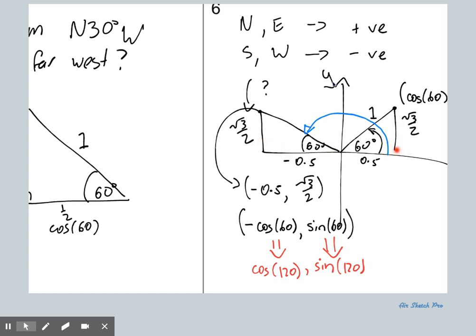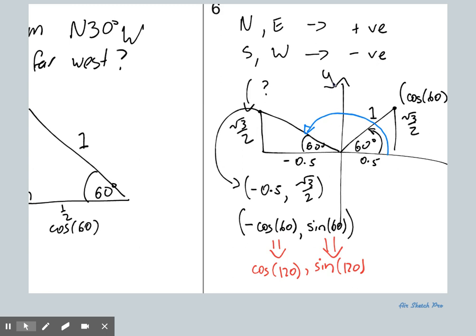That makes sense when you think about Zoe walking for a kilometer in those directions. All we're saying is that if we add a relative nature to it, so this is positive and this is negative, then relatively from her starting point, that 0.5 means she's traveled back 0.5, and then she's traveled up by whatever root 3 on 2 is, 0.86.